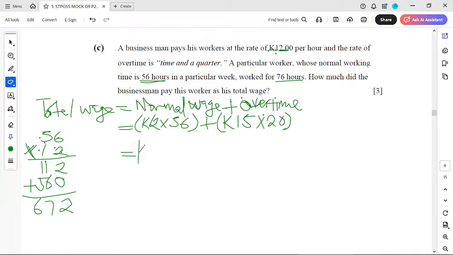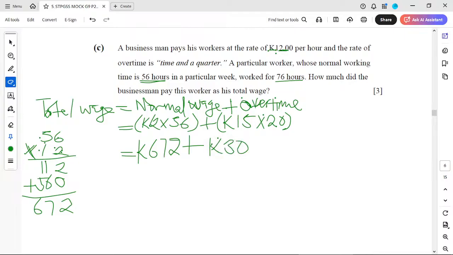So the normal wage, the amount the worker made in normal time, is 672. Then plus, we multiply 15 kwacha times 20 hours of working. We ignore the 0 first, then 2 times 15 gives us 30.